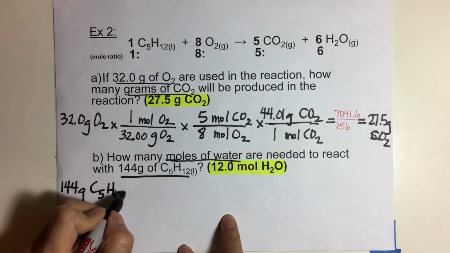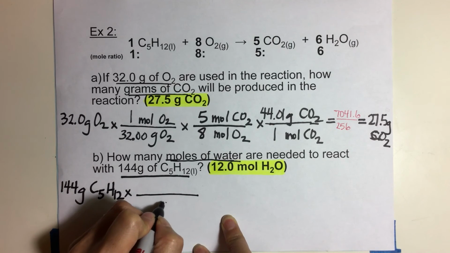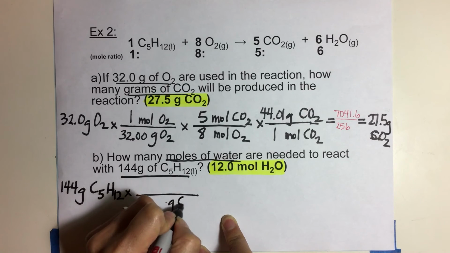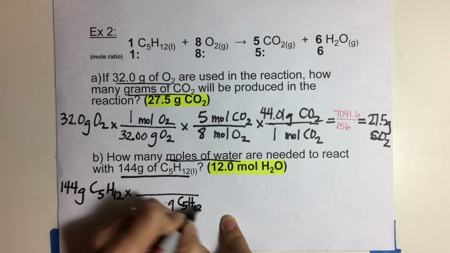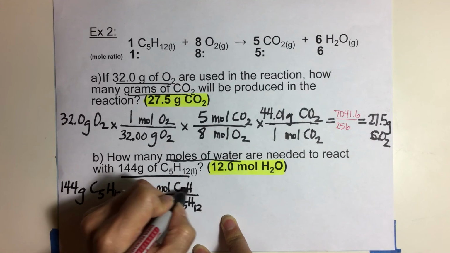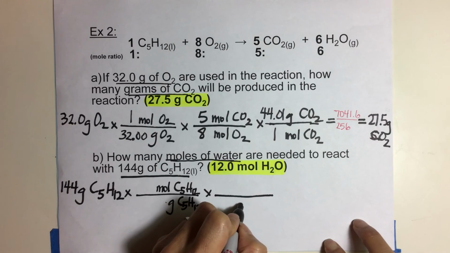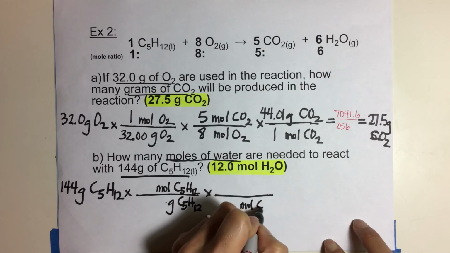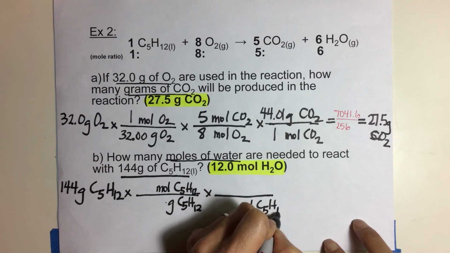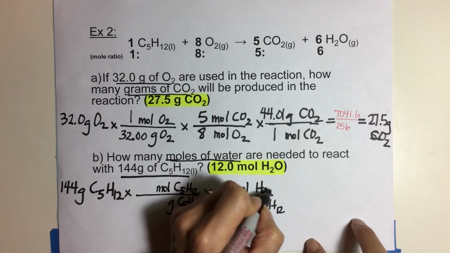So here's my starting units, and I want to convert it into moles. So grams on the bottom, moles on the top. Units setting up, moles of pentane on the bottom, moles of water on the top.